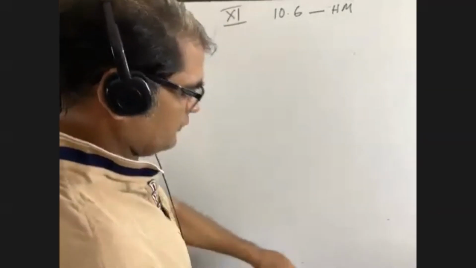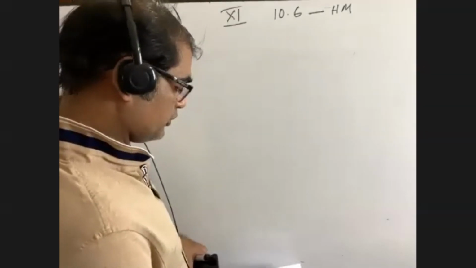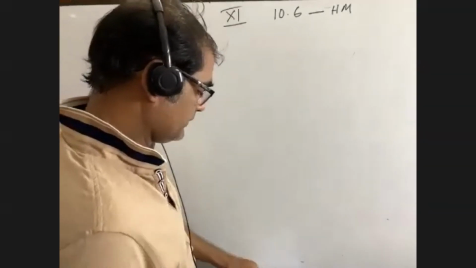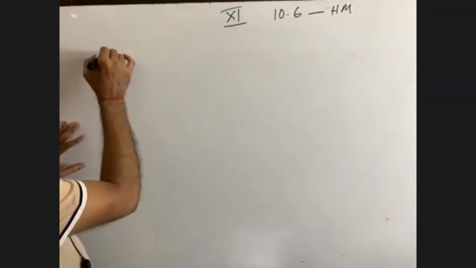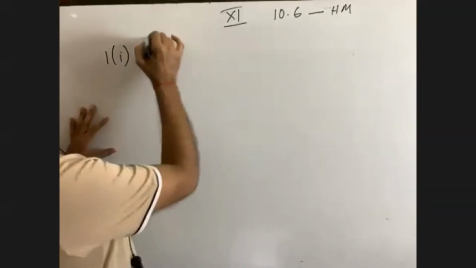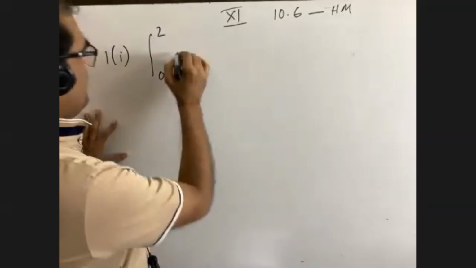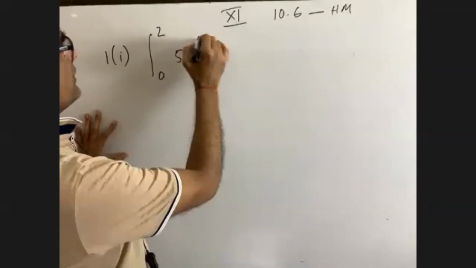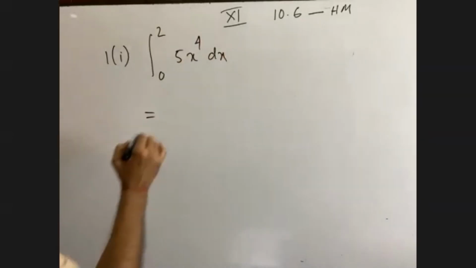Let's do some maths, then you will come to know everything. It is the most interesting exercise. You see, question number 1. Please pay attention. The upper limit is given here as 2, the lower limit is 0. And the integrand is 5 x to the power 4 dx. What will be the result?